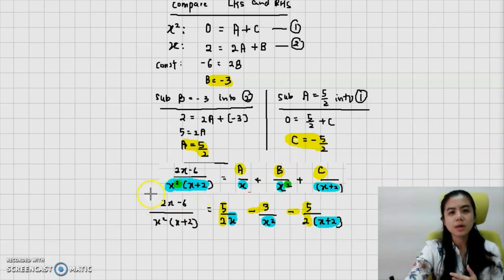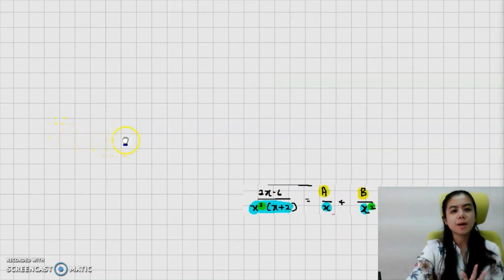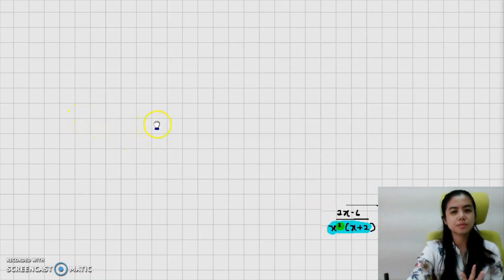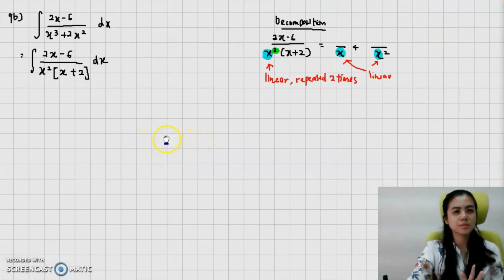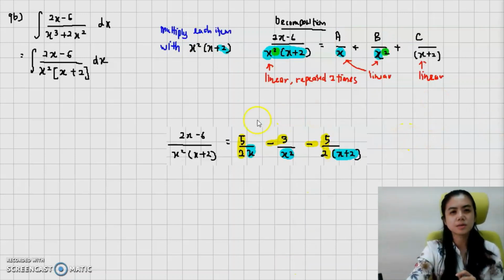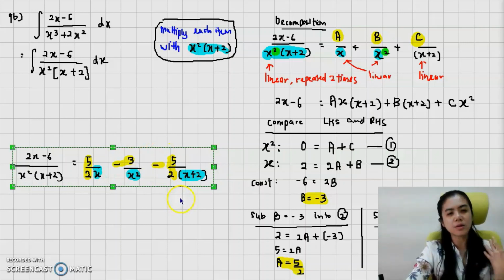Once we have the last line of the decompositions, now we're going to do the integration part. So back to the question. We have not finished yet. I'm going to place it back here. So just now, after we did a long way to do the decomposition, we say that this one is equal to this.